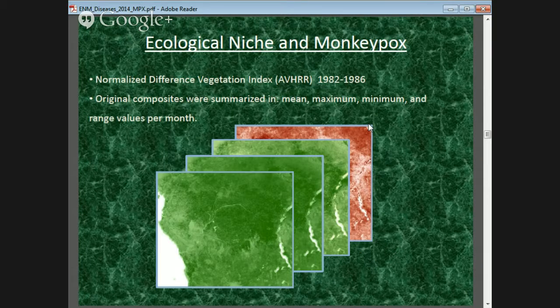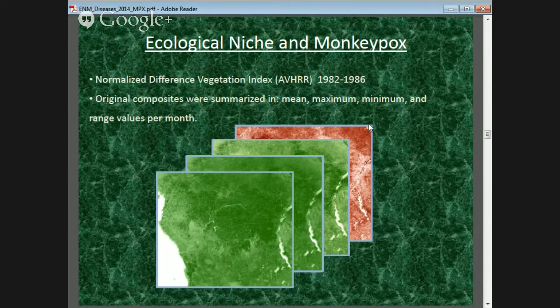He also talked about environmental data. In this case, we decided to use NDVI, which is a vegetation index that represents greenness of vegetation, or in other terms, how healthy is the vegetation, and it also gives us an idea of how productive the vegetation is or how humid it is in that particular time.